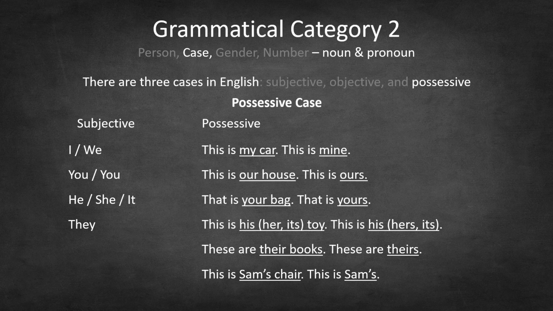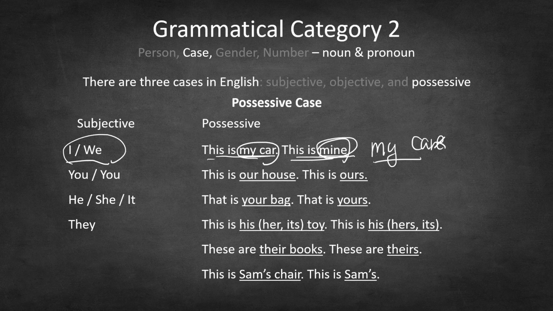Okay, look at this. I and we. This is my car. First person, right? Singular. This is mine. Mine means my car. You don't have to say this is my car, this is my car. This is mine. This is called possessive.